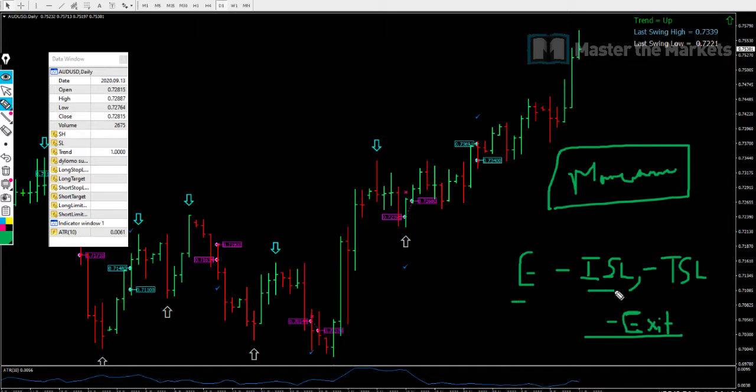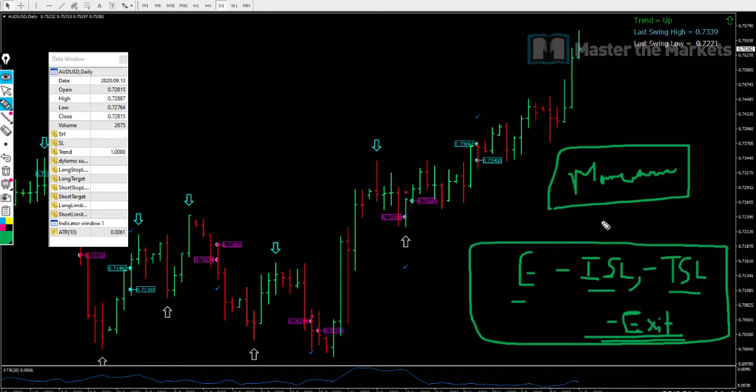Entry, initial stop loss, trailing stop loss, finally exit. And eventually, once you have all of this, you need to test and see if your numbers work out in the long run, which is your cumulative result: is it turning a net profit or a net loss? Very important.